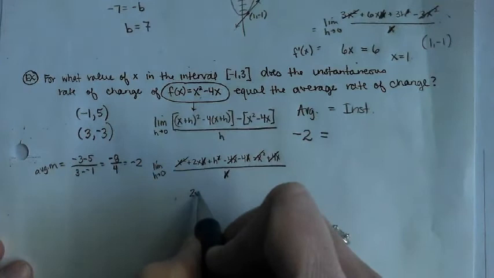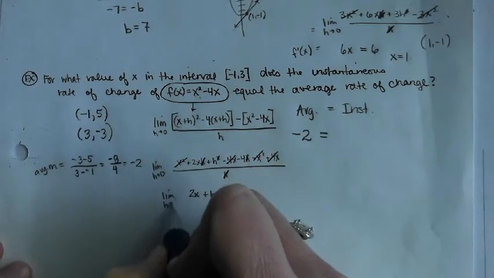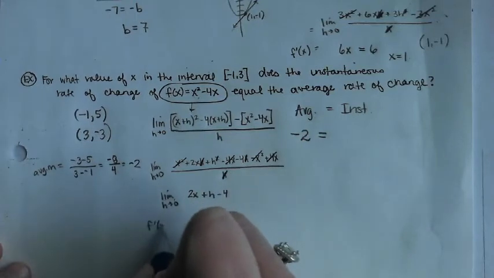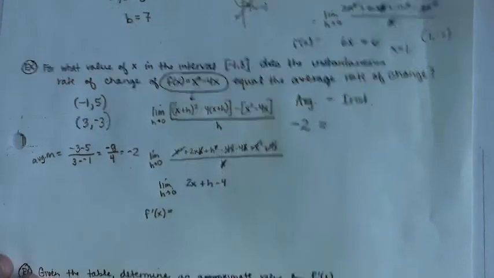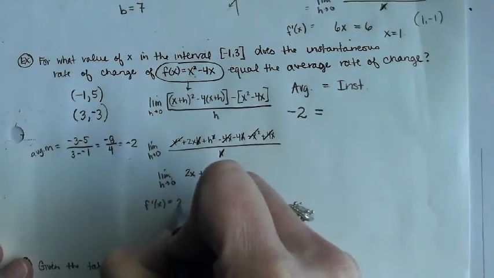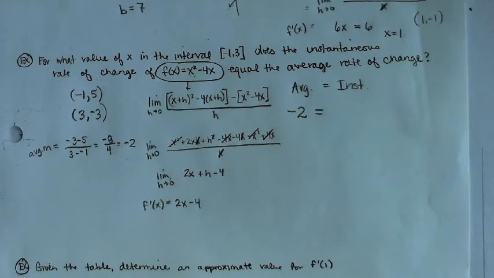So it ends up just being 2x plus h minus 4. And so my derivative formula, when I plug in an h of 0, is just going to be 2x minus 4.